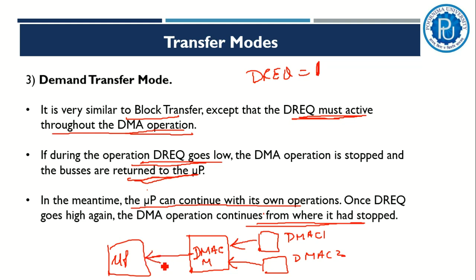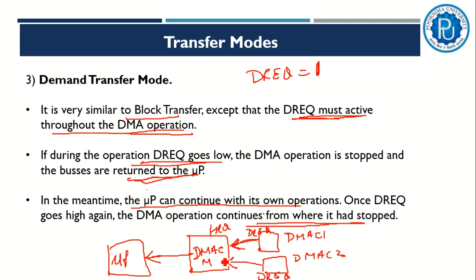Whenever there is a transfer, there will be a data request signal from this particular device to the DMAC controller. There will be a hold request signal over here. Here it is generating the DREQ signal. Similarly, this data request signal will go from DMAC 2 to the master DMAC controller.